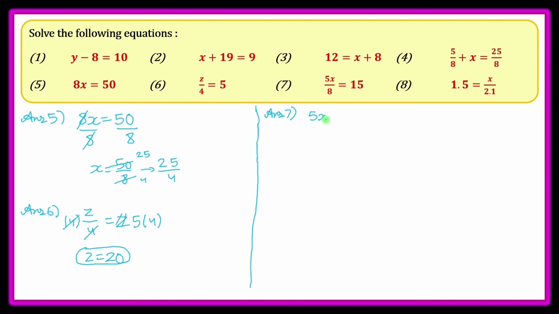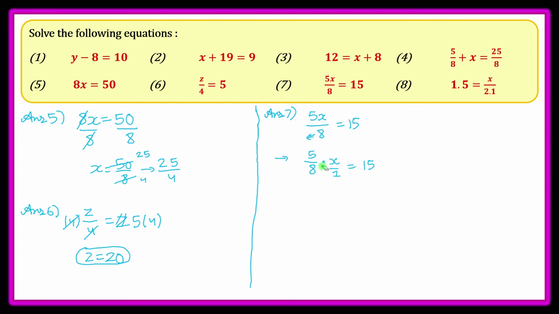If I write 5x upon 8 equals 15, I can shift the 8 a little bit to the left. 5x upon 8 is the same as 5 upon 8 into x, because x can be written as x upon 1. So 5 into x will be 5x, 8 into 1 will be 8. I have just split the x here, equals 15.